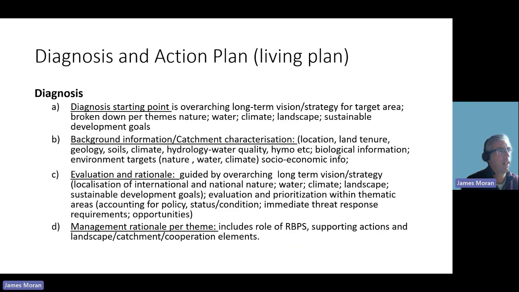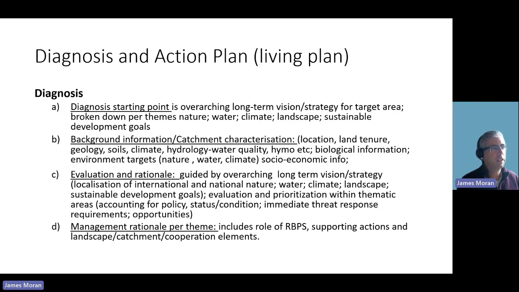So the diagnosis and action plan, these are living plans. I know they're being developed at the moment through the cooperation projects, but the diagnosis is the starting point. So taking together a lot of information that's out there from various agencies on the state of nature, water and climate and the landscape overall, taking into account sustainable development goals to come up with overarching long-term visions or strategies for the target area. And these are broken down into specific objectives for specific themes and incorporated into the ACRES program.